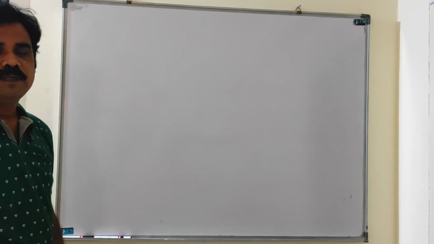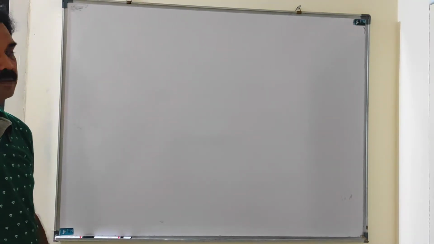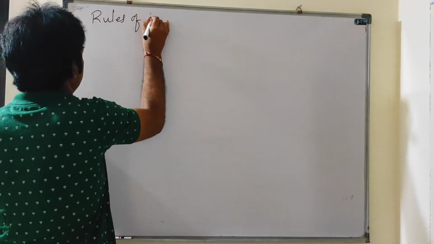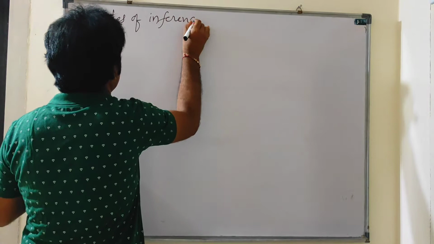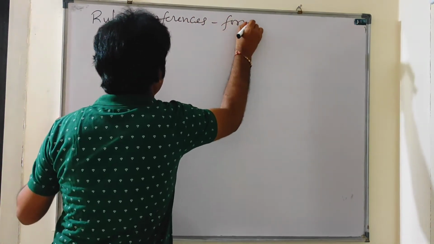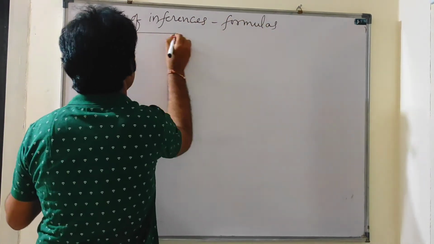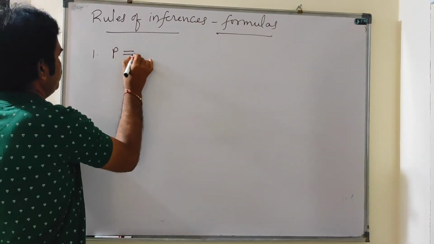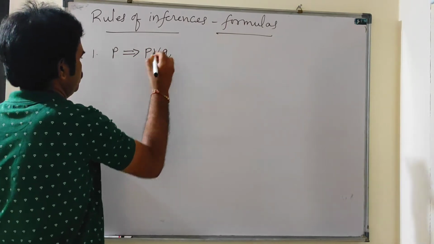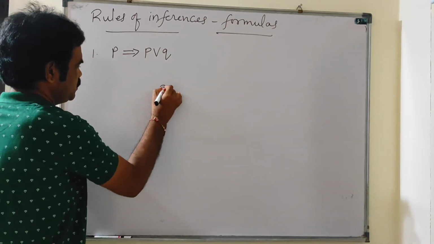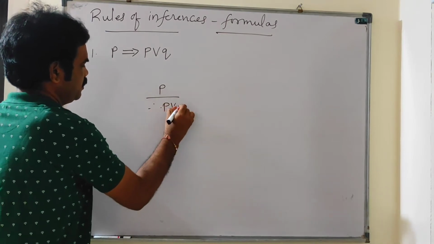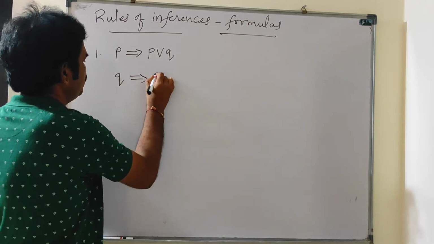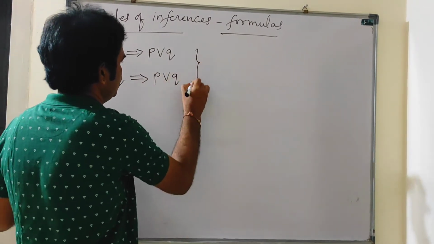Okay. There are some formulas and rules of inferences. P imply P or Q, or you can also denote this by P therefore P or Q. Also Q imply P or Q. This is known as the addition rule.